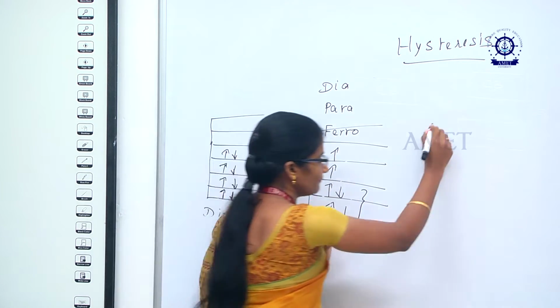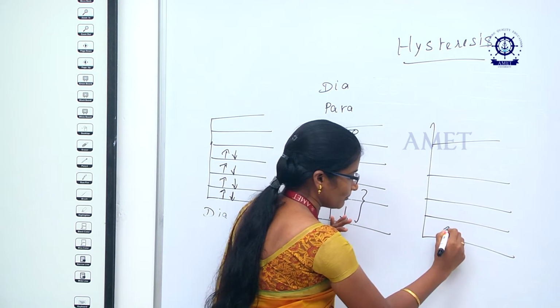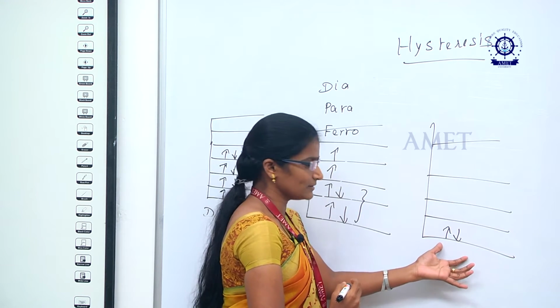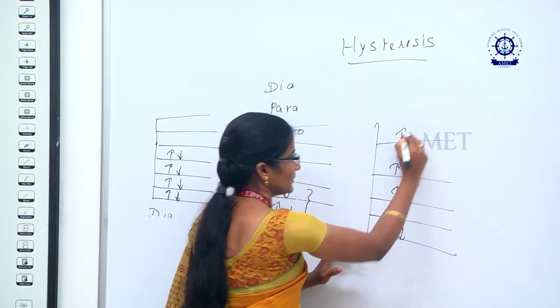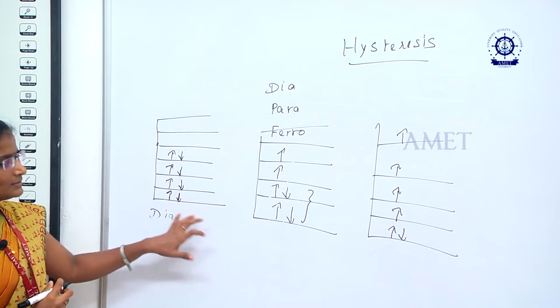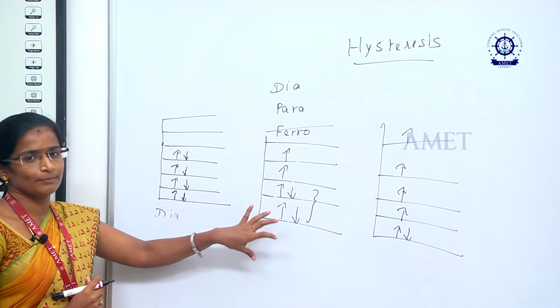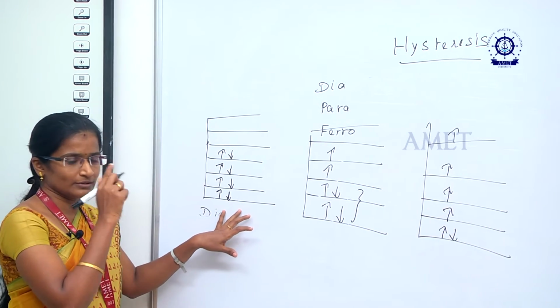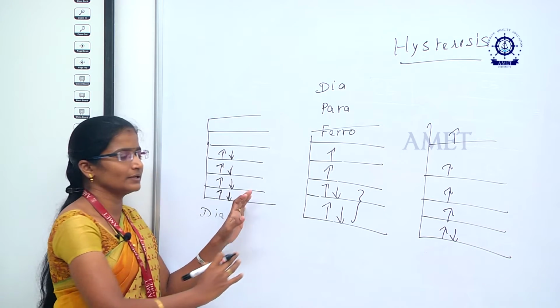In the case of ferro, only a few of the orbitals have two opposite spins, and the remaining orbitals have a single spin. So this is the main difference between dia, para and ferromagnetic material before applying a field. Before applying a field, they have an electronic configuration like this.